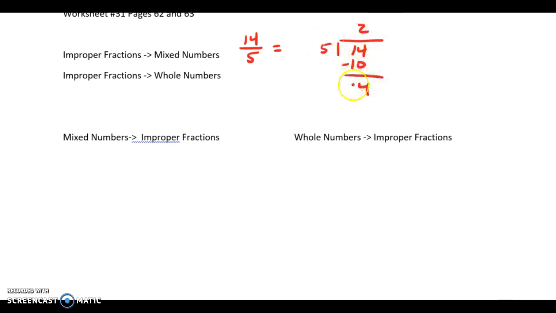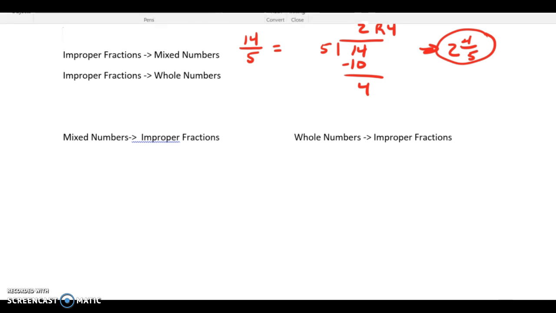Subtract. And 5 doesn't go into 4, so that's your remainder. So when we look at this, how is our mixed number going to be written? Our whole number 2, and we take the remainder and put it over the divisor. And there we go. So what could we do to work backwards?